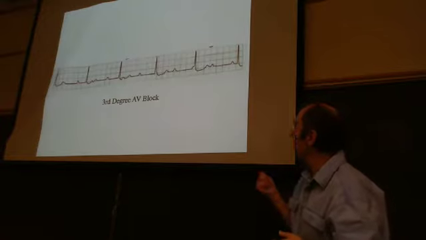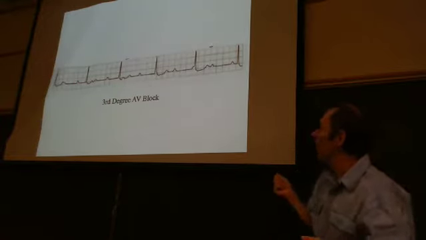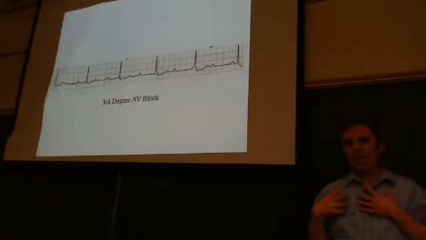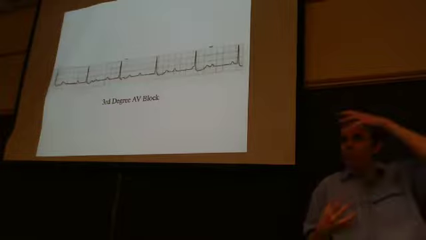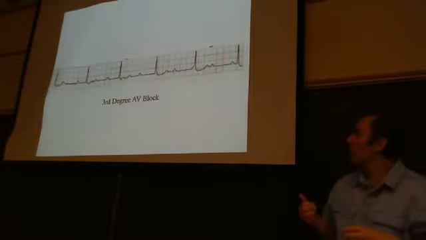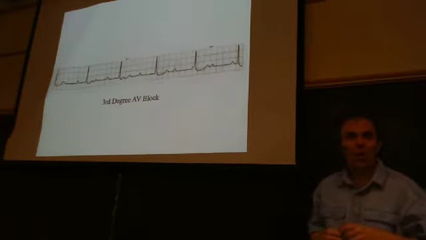So this person's probably fainted. This person's not dead, but with this slow a QRS complex, your atria and ventricles are all out of sync. So you're not pumping the atrium and then the ventricles to fill them. You get ineffective pumping of each beat and a really slow heart rate.